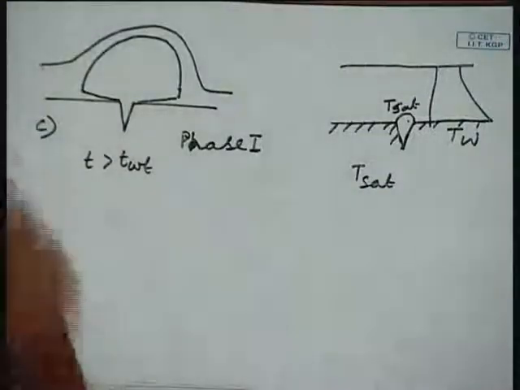But the bubble shape will be kind of mushroom shape or hemispherical shape, the way I have shown. All right. Let me draw it in a bit more detailed manner.